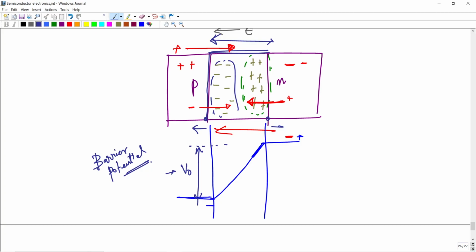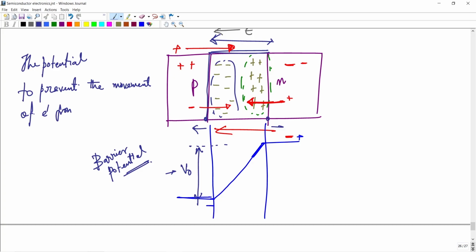So what is the barrier potential? It is the potential that prevents the movement of electrons from the n region into the p region.